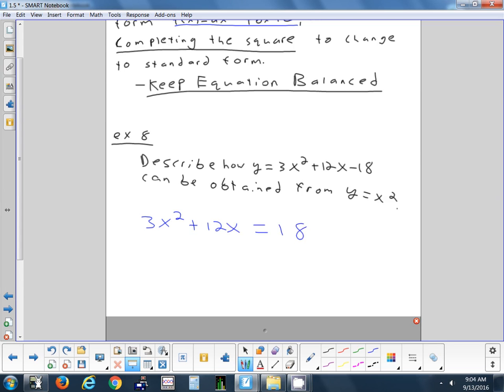Okay, next step. To complete the square, you don't want a 3 here. Okay, you want a 1 there. So does anybody remember the term when you take something out, begins with an F? Yep, we're going to factor out a 3.